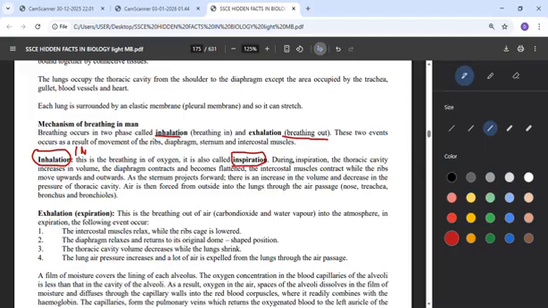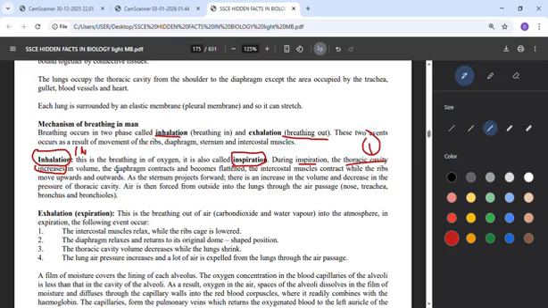During inspiration or inhalation, take note of all these things. Number one, the thoracic cavity will increase in volume. Just imagine you breathe in; what did you notice? The bones in your chest, the thoracic cage, will go up.